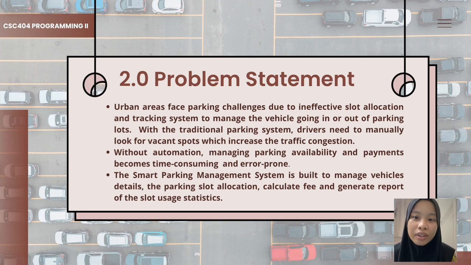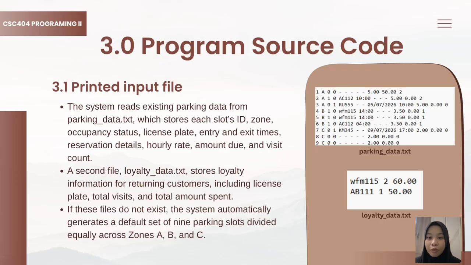Second, without automation, tracking parking availability and handling payments become incredibly time-consuming and highly error-prone for both drivers and management teams. Third, to solve these exact friction points, our smart parking management system was built. It is designed to seamlessly manage vehicle details, optimize parking slot allocation, automatically calculate fees, and generate comprehensive reports on slot usage statistics.